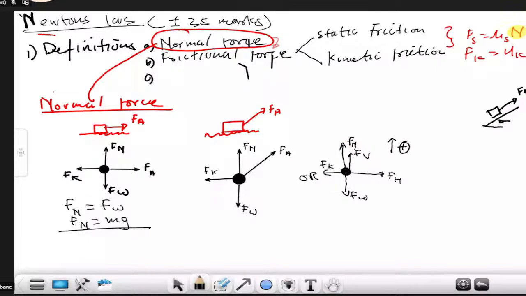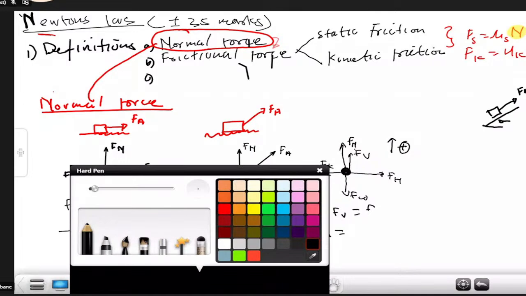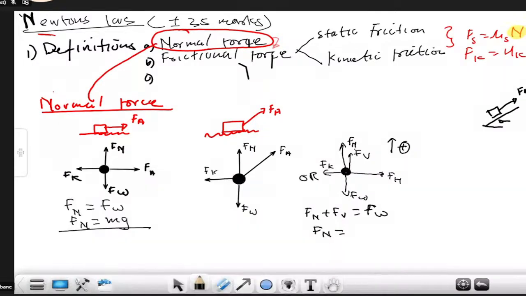Then it says Fn plus Fv should be equal to Fw. Sorry, this must be Fw. So Fw minus Fv is actually what is now Fn.